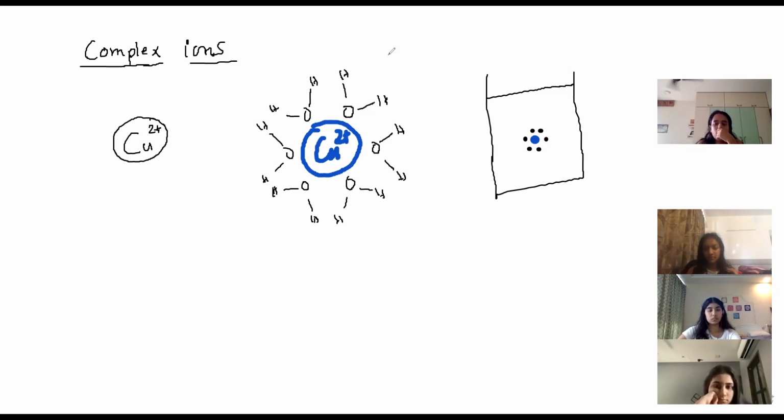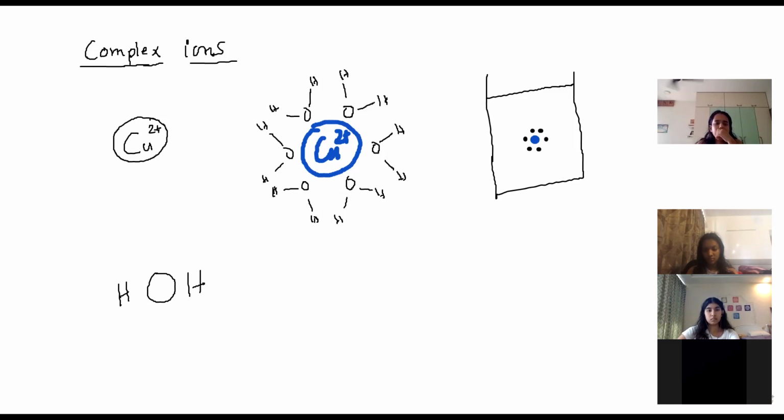If you check the Lewis structure of water, these are bonded electron pairs, and this is a lone pair of electrons, this is a lone pair of electrons. So water has two lone pairs of electrons.